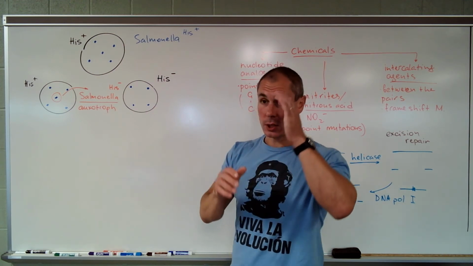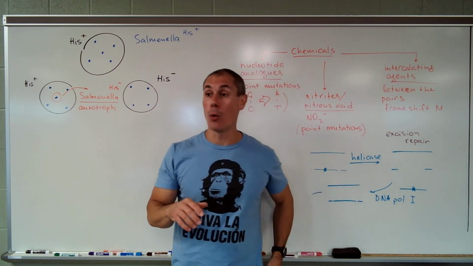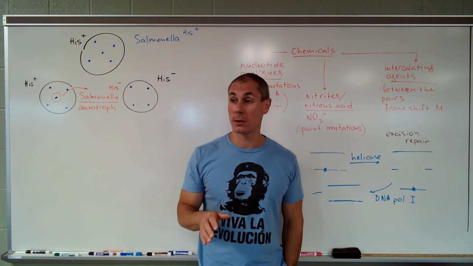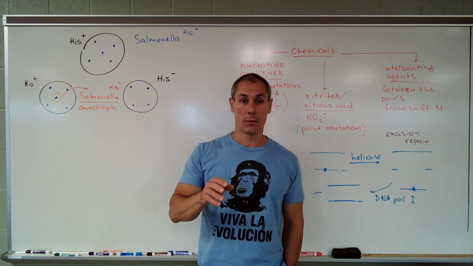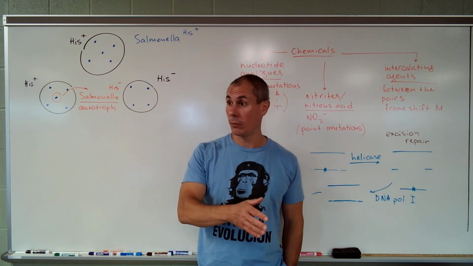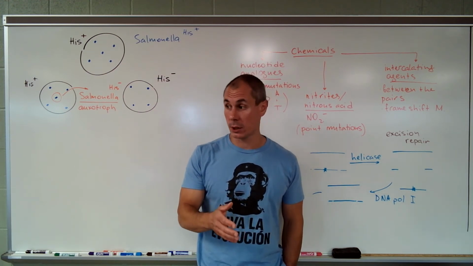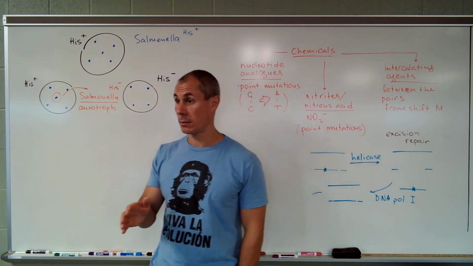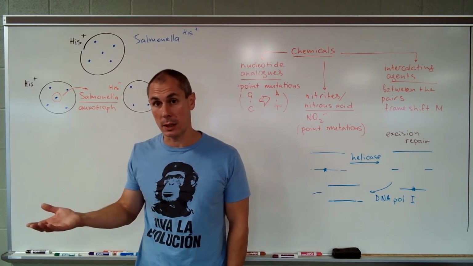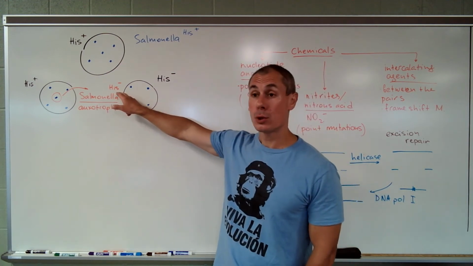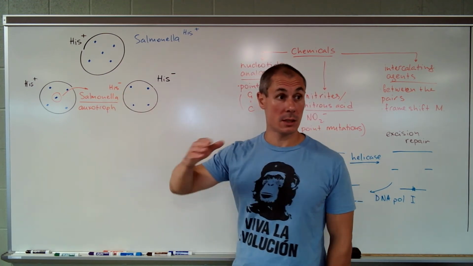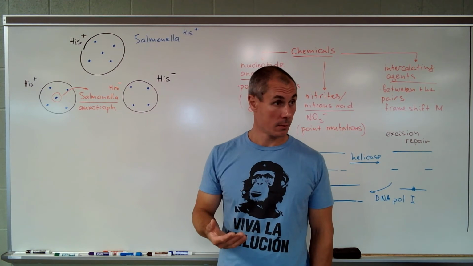Now what I want to go back to is the very first conversation in this class, when we mentioned that the phenotype of an organism is defined by gene expression. Does that make sense? That's a pretty typical statement. Now, inability to make histidine is definitely a phenotype.